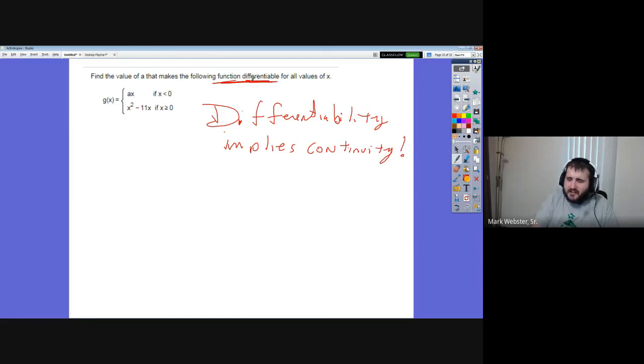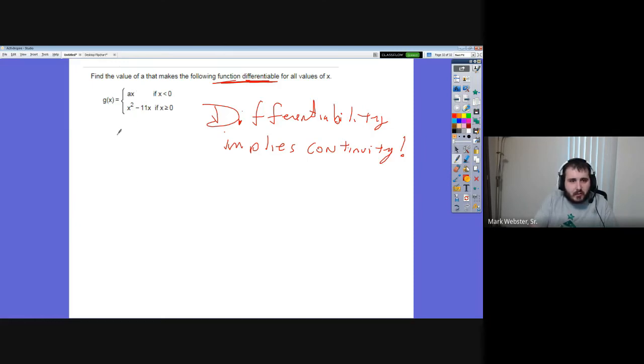So if it is differentiable, it must be continuous. Differentiability implies continuity. That is to say, if we know that it's differentiable, then this had better be continuous. That is to say, we're going to say, well, x is 0. That's the place, right? That's the only place where there could be a break.